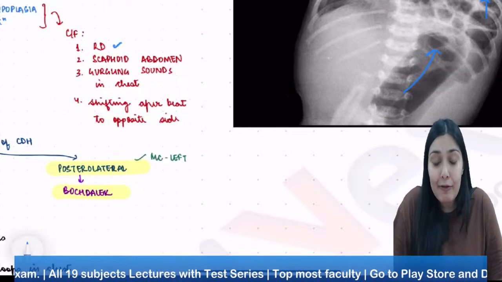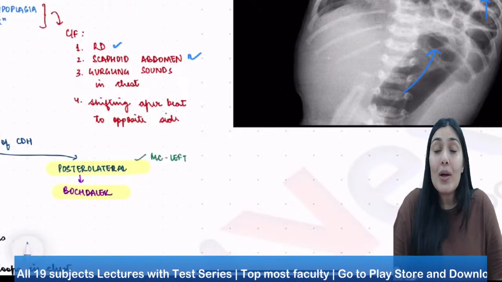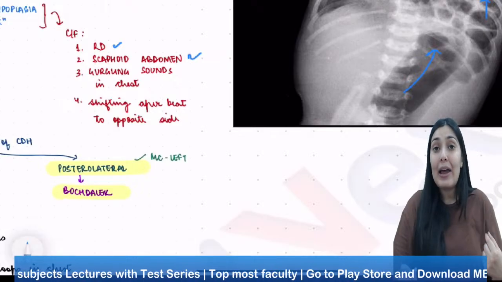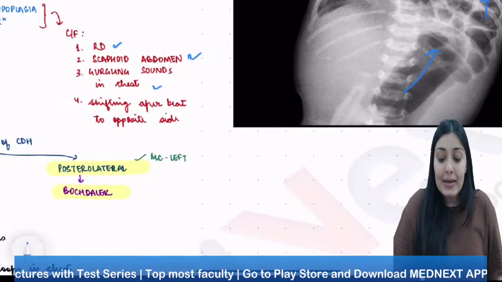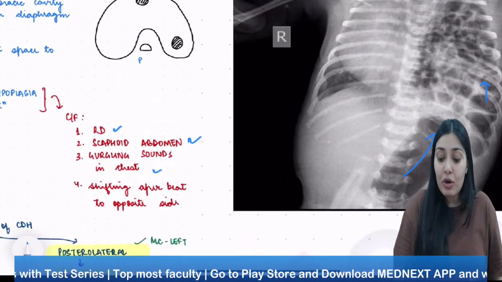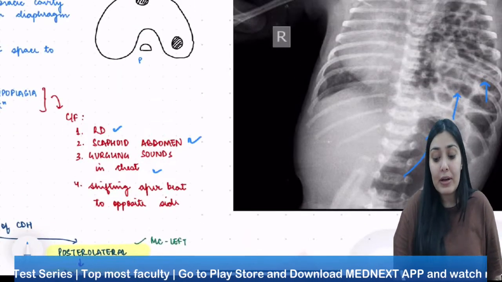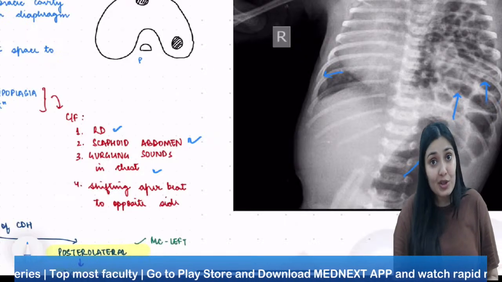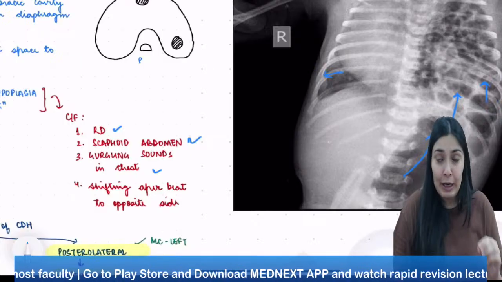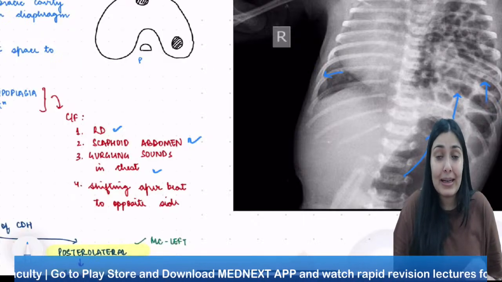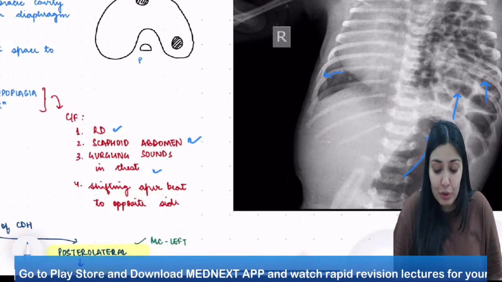This is known as scaphoid abdomen. If I auscultate the chest of the child, I would hear the gurgling sounds of the gut in the chest. And because of this migration of the intestine upwards, there will be shifting of the heart to the opposite side. There will be shifting of the apex beat. So these are the important clinical features that you are going to appreciate over here.